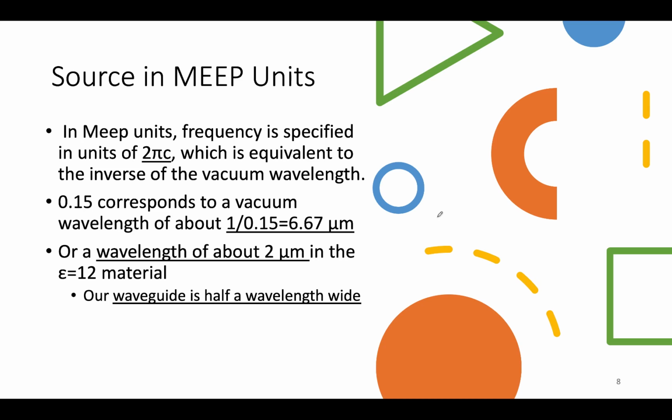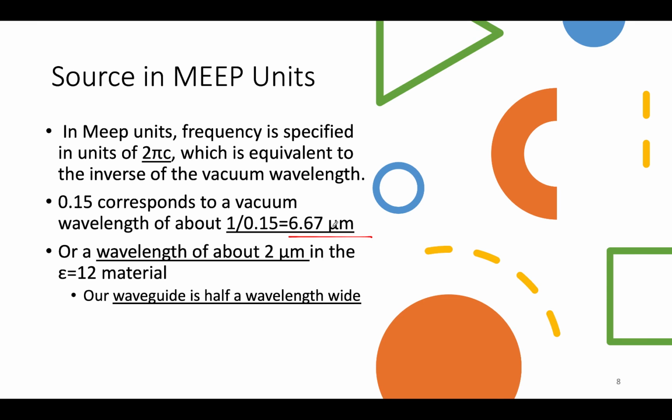I discussed a little bit about the MEEP units in the previous lecture. In the MEEP units, frequency is specified in units of c divided by 2 pi, which is equivalent to the inverse of the vacuum wavelength. So if we do the translation to the MEEP units, 0.15 corresponds to a vacuum wavelength of about 1 over 0.15, that in dimensional units is equal to 6.67 micrometer.